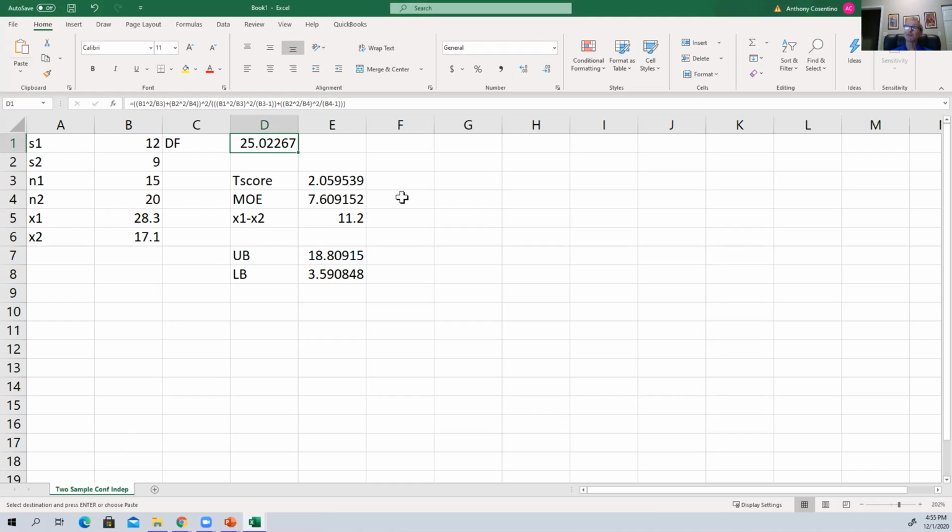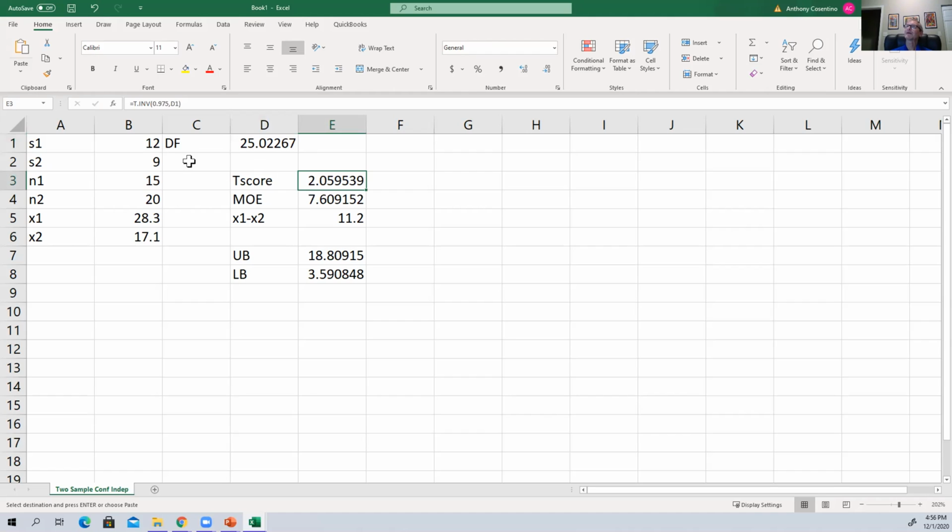So all you need to do is to put the right numbers in here, and the formulas are already set up for you. Because you can see here is the t-score, and I programmed that crazy formula into the cell here. Very complicated. Let me rephrase that. It's not that complicated if you know what you're doing. It's a little bit complicated if you've never done a complicated formula before. So I did it for you.